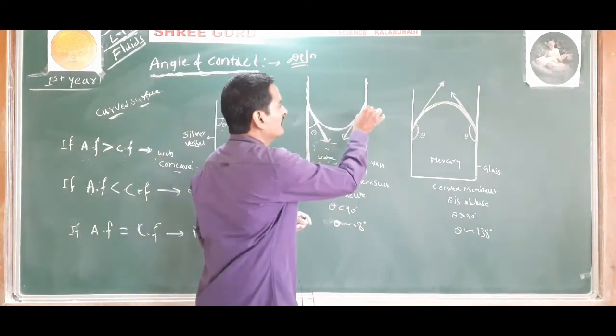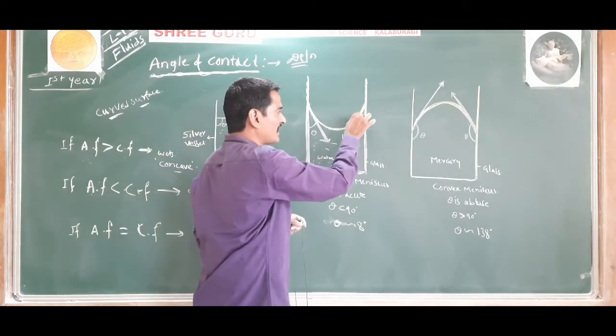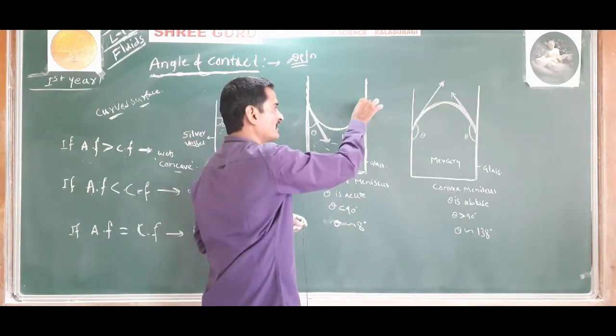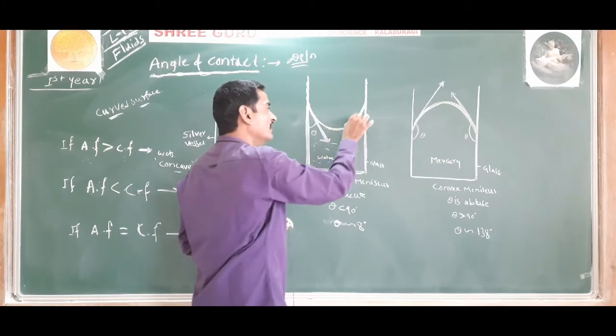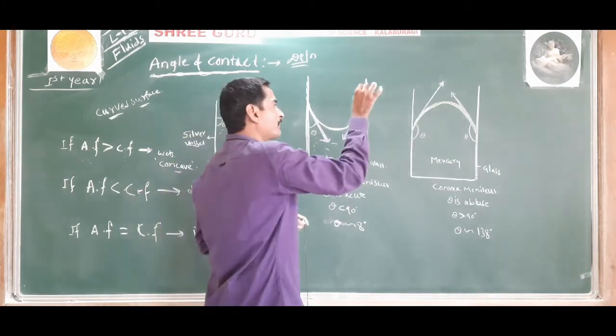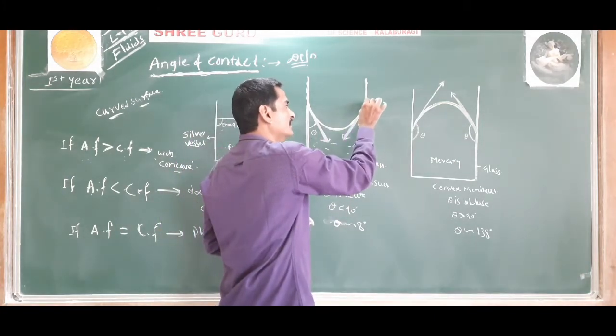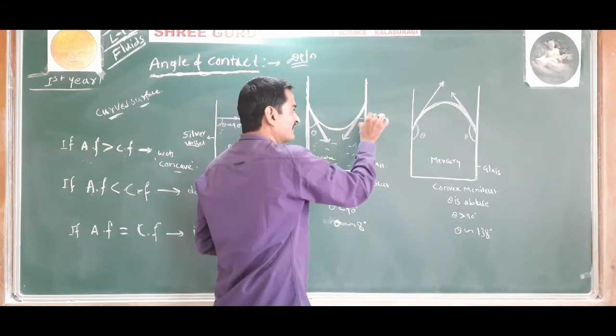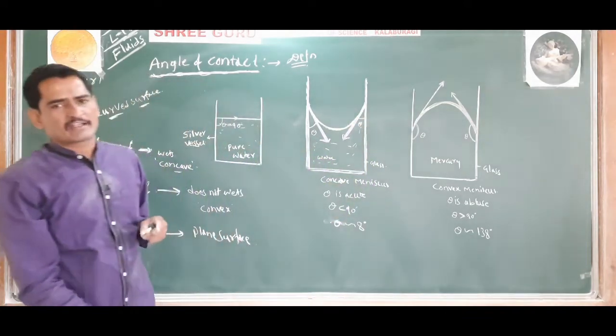Understood? Once again, the angle made by the tangent drawn to the liquid surface at the point of contact with a solid surface inside the liquid is called angle of contact.